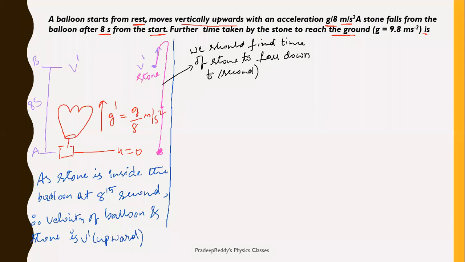So in order to find this t, what do you need to do? You need to find the height. From the top of tower concept, I can write it here: body thrown from top of tower.